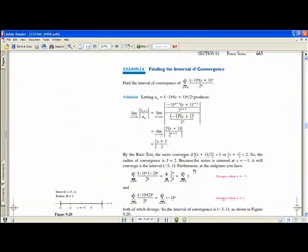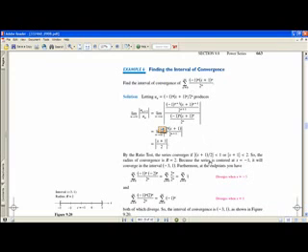Another example: we can see this is going to be centered at negative 1 because of the x plus 1. If you do the ratio test, it's rather complicated at first, but then quite a bit cancels out, and you get all the way down to here. Setting this to be less than 1, you end up with an open interval from negative 3 to 1.